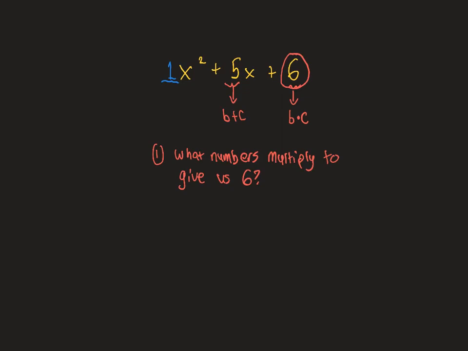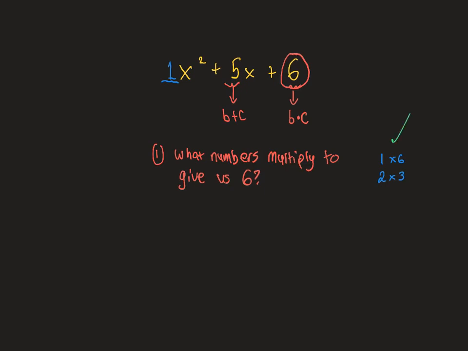Well, the factors of 6, I'm going to write them here to the side. I know I can do 1 times 6. I know I can do 2 times 3. Are there any other factors of 6? No. Now, 1 times 6 gives me 6? Yes. So this satisfies my first check.